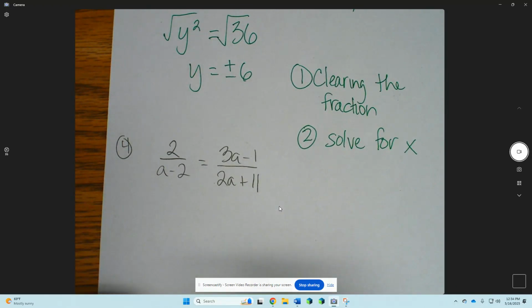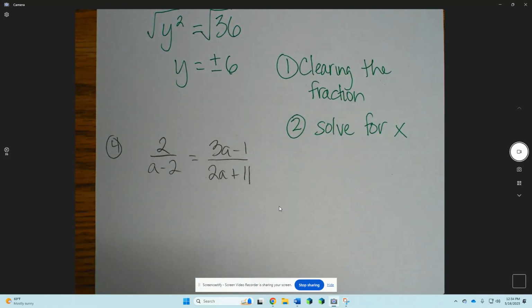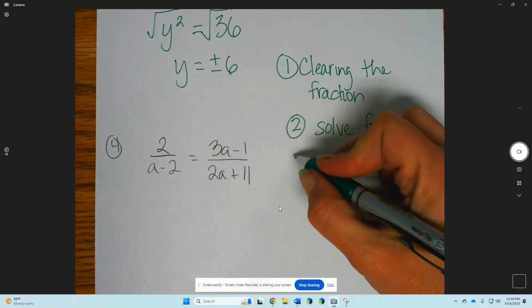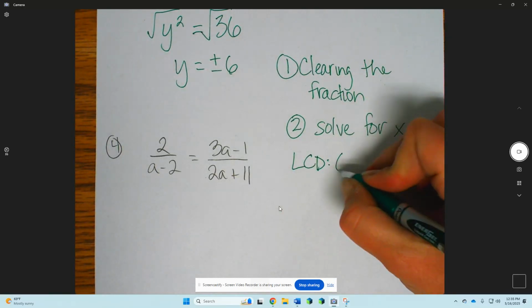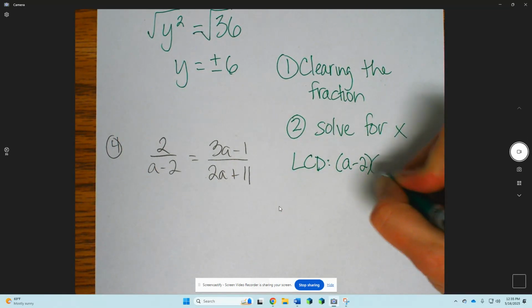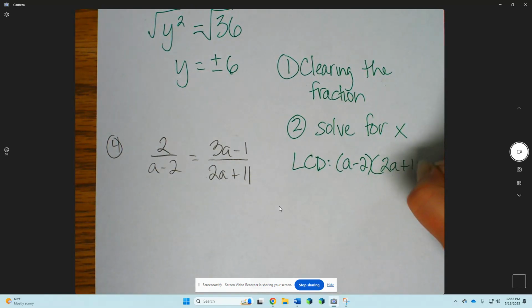All right. On this, there really isn't a common denominator at all. So my common denominator, least common denominator, is going to be both of them. And you do not FOIL it. You have to keep them in the parentheses separated.